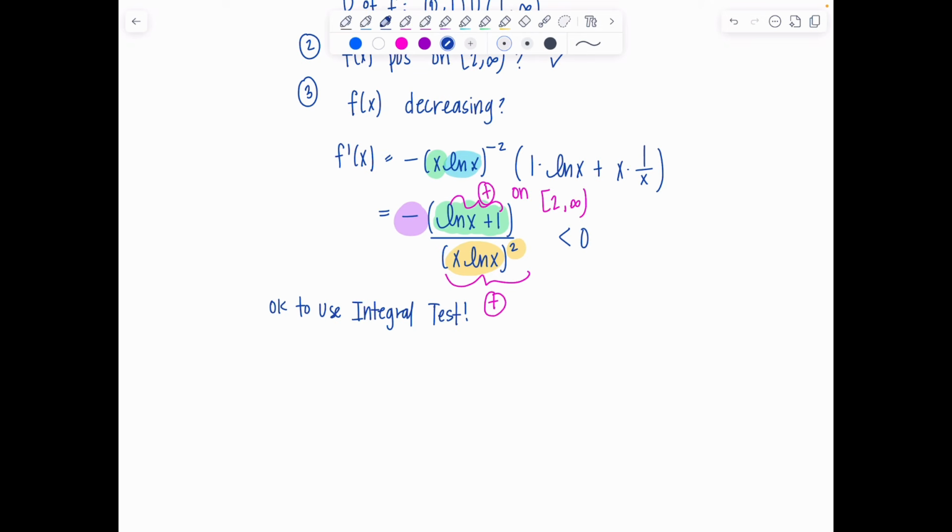So then now we're going to look at the integral from 2 to infinity, because that matches the index of summation, of 1 over x ln of x dx. So rewrite it immediately as the limit as t approaches infinity, integral 2 to t 1 over x ln of x dx.